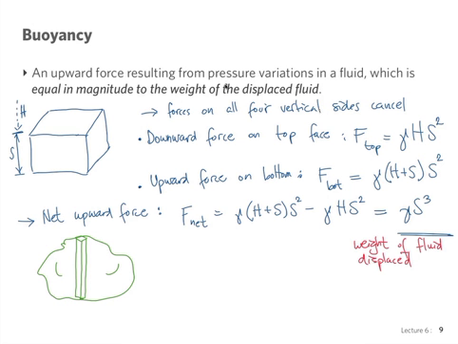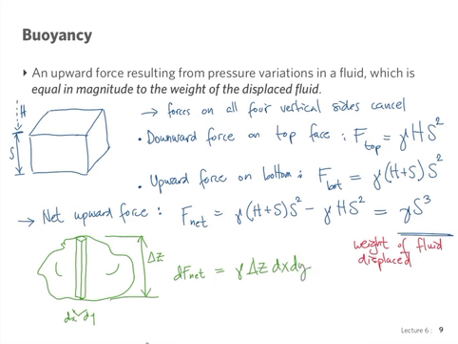And again, we can use the same argument that we've just used for the cube to see that the net upward force for this little column, with a delta z in the z direction and distances dx and dy, is d F net equals gamma delta z times dx dy.